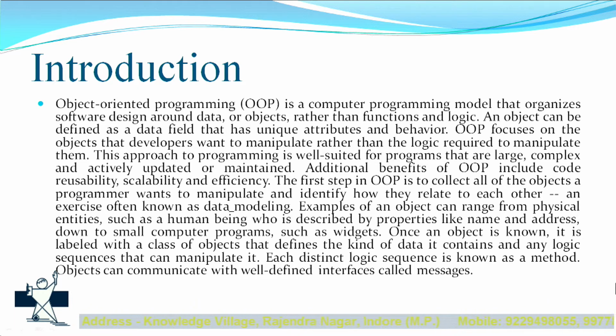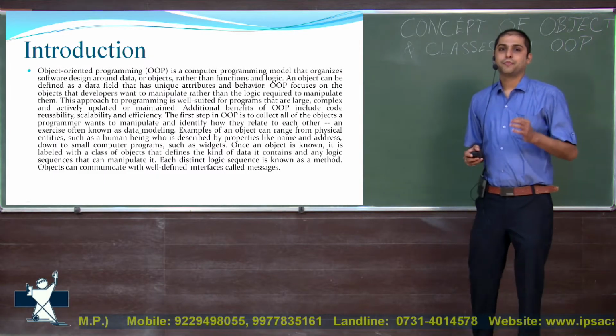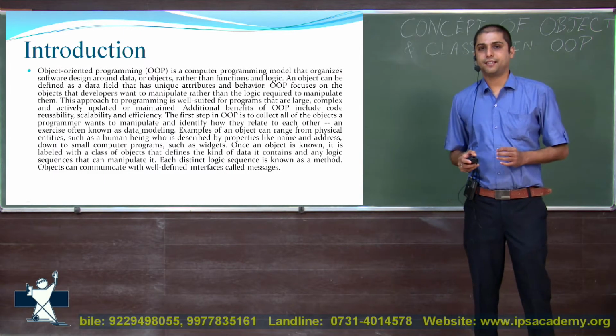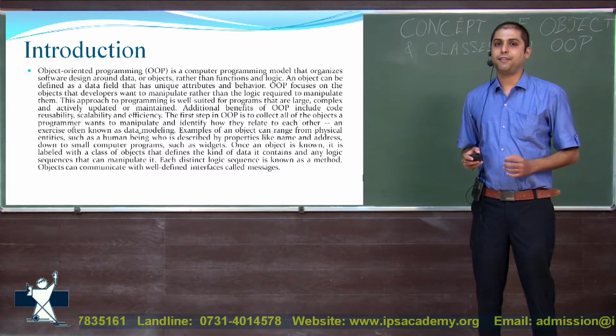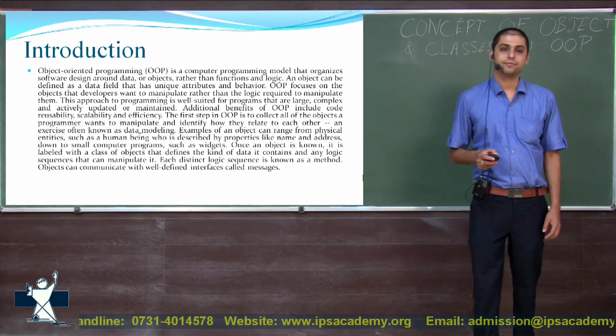Once an object is known, it is labeled with a class of objects that defines the kind of data it contains and any logic sequences that can manipulate it. Each distinct logic sequence is known as a method. Objects can communicate with a well-defined interface called messages.